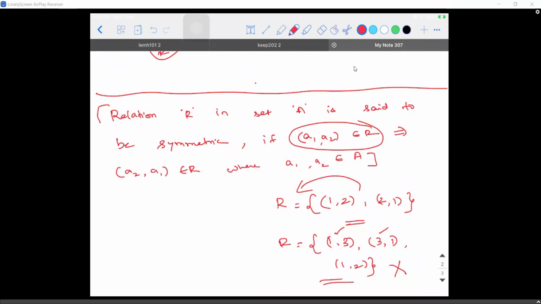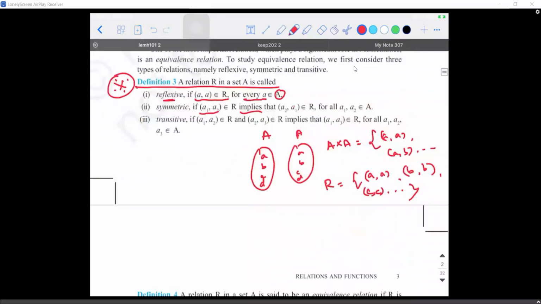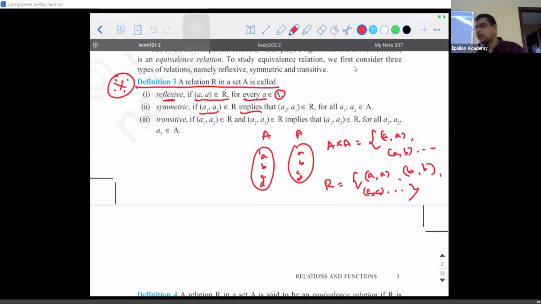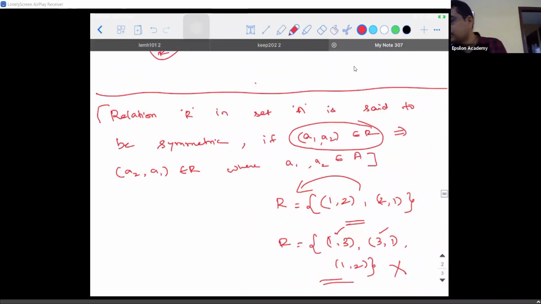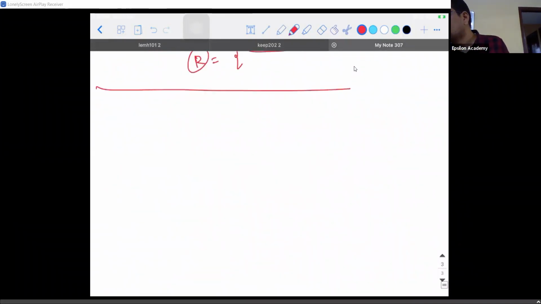Yes. So what is the third one? It's a transitive relation. So let's try to understand. How should I start my statement? Whenever you try to understand the definition, how is every definition starting? A relation in set A is said to be, what are we trying to talk about?